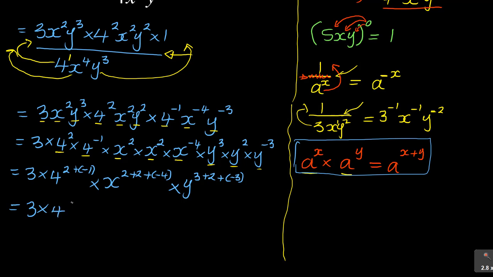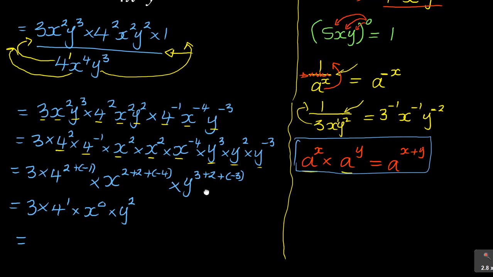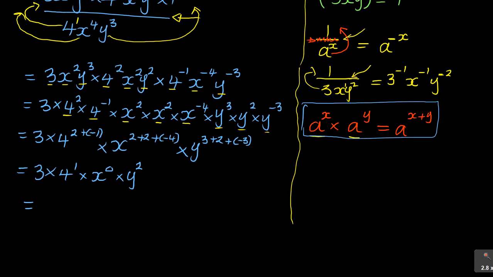So here we have got 4 to the power 1 times x to the power of 0 times y to the power, as we said, of 2 there. When you have done that, this can still continue to become, in this case, now you see you have got power of 0, and you said any number to the power of 0 is equal to 1.